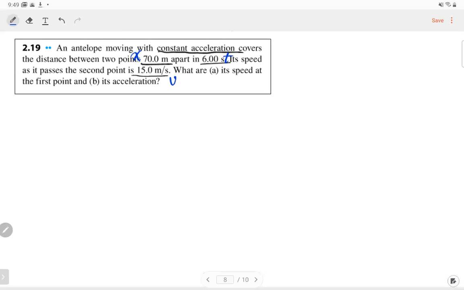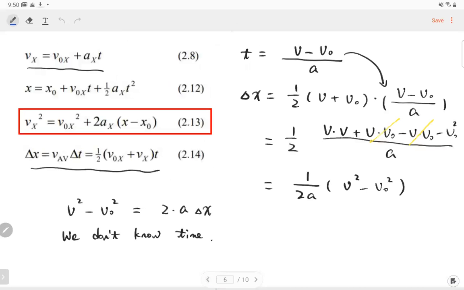And we are going to solve the speed at the first point, that's the initial velocity. So that means we don't need acceleration in this question. If there's no acceleration, let's pick which equation doesn't include acceleration. We have number 2.14. This equation doesn't include acceleration.